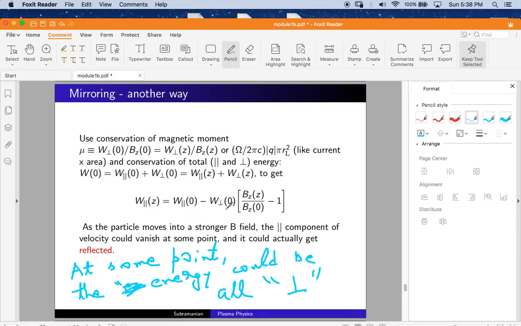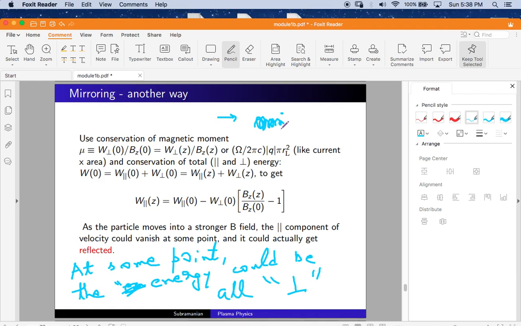There is no parallel component of velocity at all. The parallel component of velocity keeps decreasing as you're moving this way, the particle keeps slowing down, and energy is conserved, of course. So the slowing down of the particle in the parallel direction is compensated by more furious wiggling, more furious gyration. The particle keeps gyrating faster and faster as it approaches the mirror point, at which point the energy is all perpendicular and the parallel energy is actually 0.